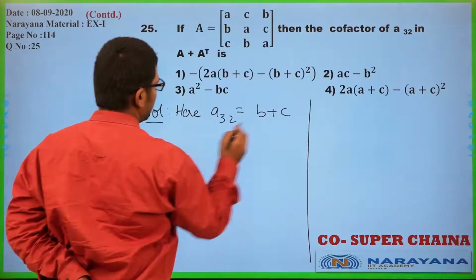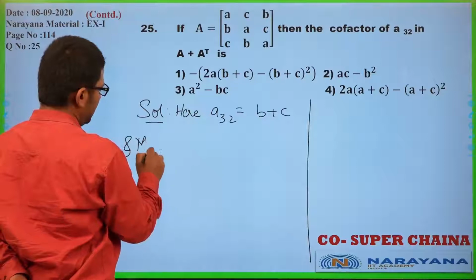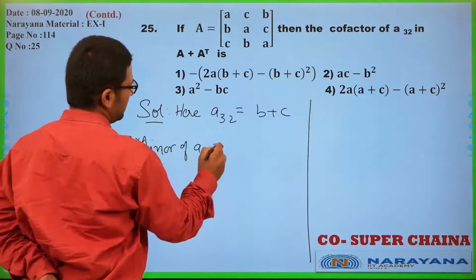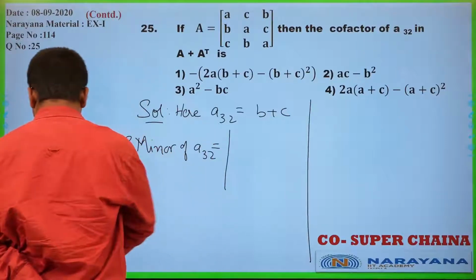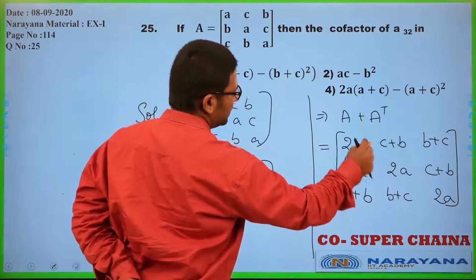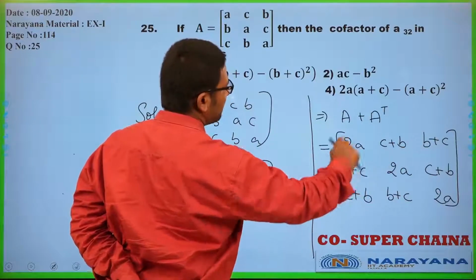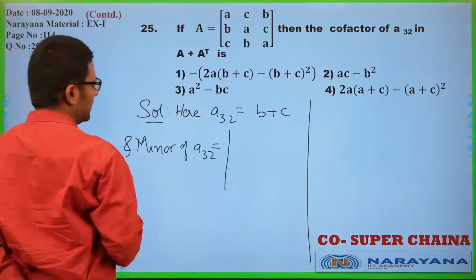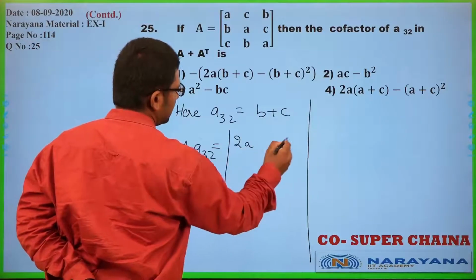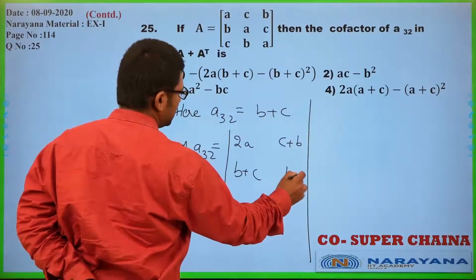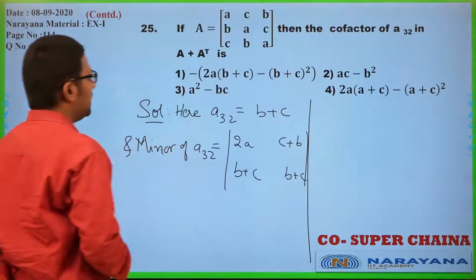And the minor of A32 would be what? The determinant. You leave the third row, second column. So 2A, C plus B, B plus C and B plus C, right?